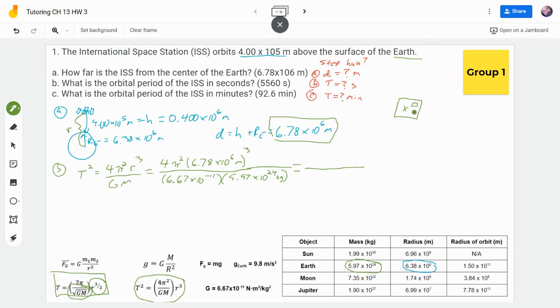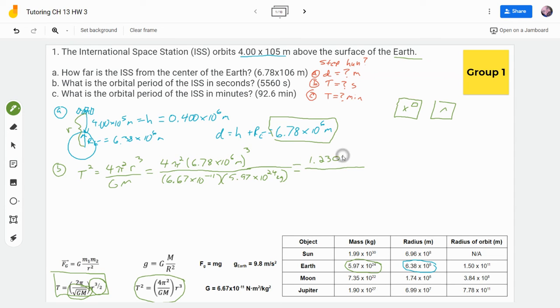So when you hit that button, it takes the thing to that power. So you can do that. On another calculator, it might be a caret, meaning exponent up there. So it's going to depend on your calculator. But anyhow, I'm hitting the X to the box button. I'm hitting 3.